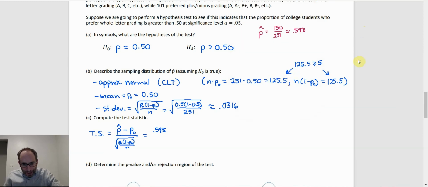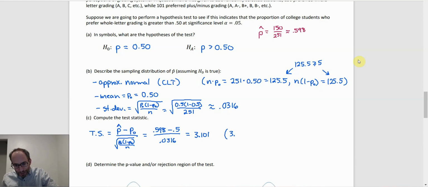And so we're going to have that minus the 0.5 and then divided by 0.0316 if you use the rounded off version in the denominator, and you get about 3.101, which is a little bit different than what we had. If you go back to the last page when we had StatCrunch do it, it had 3.093. The 3.093 is actually better because that's what you get with no rounding. So I'm going to put that in parentheses here.